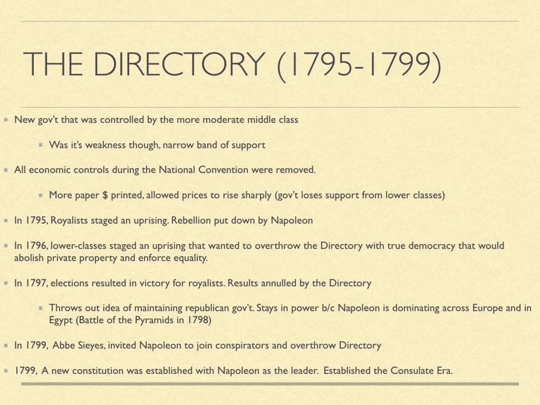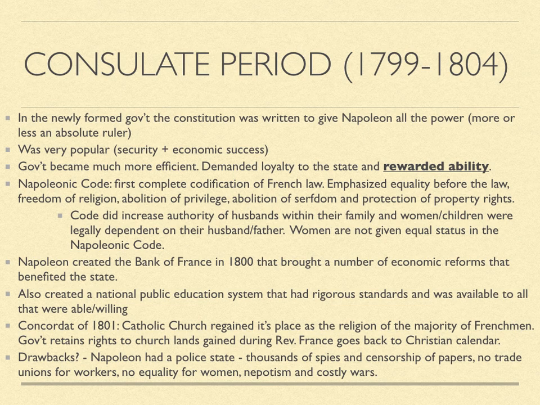Now, eventually the government was so unstable that Sieyes, the guy that wrote What Is the Third Estate, invites Napoleon to join some conspirators, and they overthrow the government, which established the Consulate period.